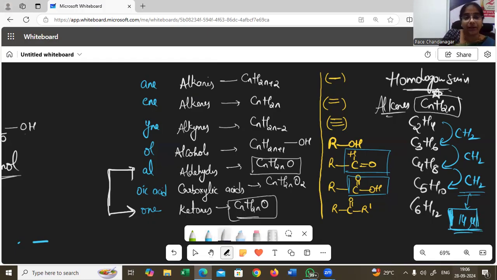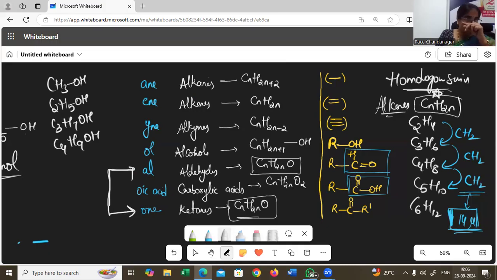Now, if I talk about alcohols also, 1 carbon, it is CH3OH. Then 2 carbons, it is C2H5OH. 3 carbons, it is C3H7OH. Then 4, C4H9OH. As you go on, one after the other in the series of alcohols, you get this series.